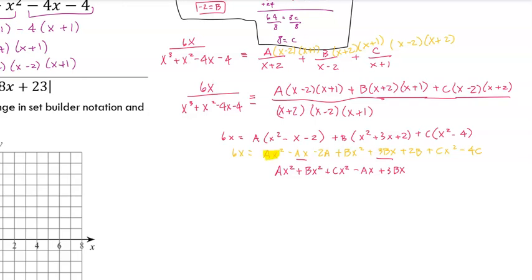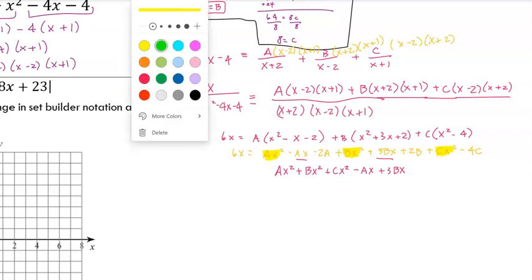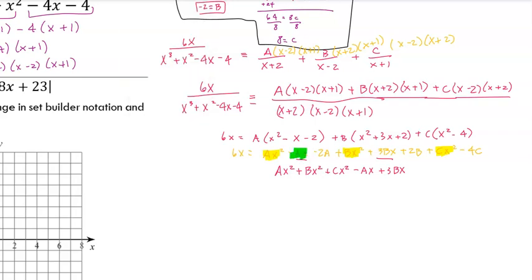So we had the x squares, and then we had the ax, bx, and then we are going to have the minus 2a plus 2b minus 4c.